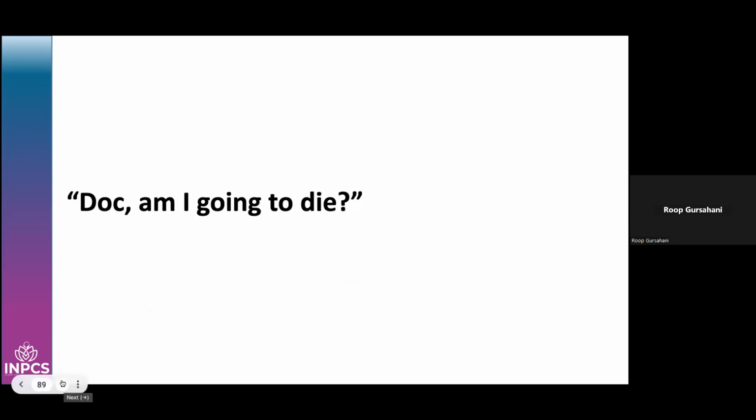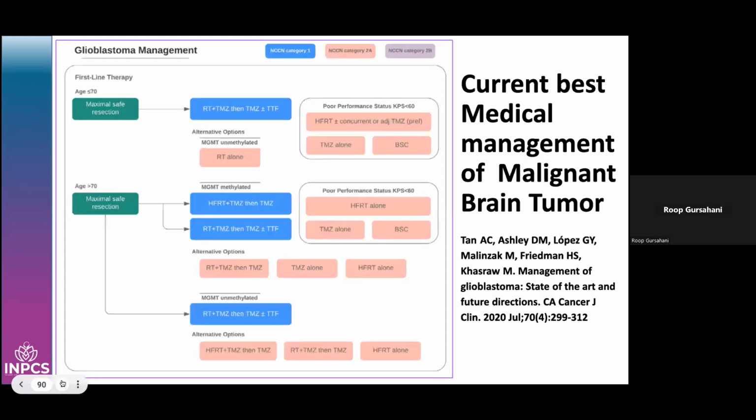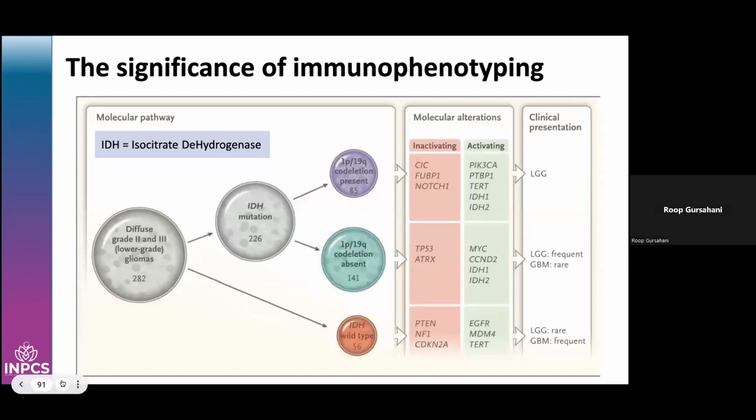And obviously, the first time I saw her was sometime after the surgery, because after the surgery, we wait for about 3 weeks, and then they start off with first radiotherapy and then chemotherapy.